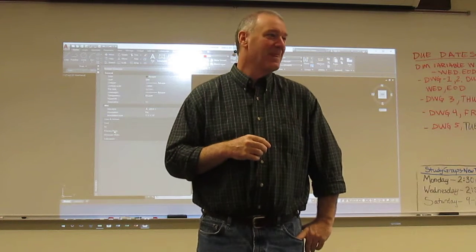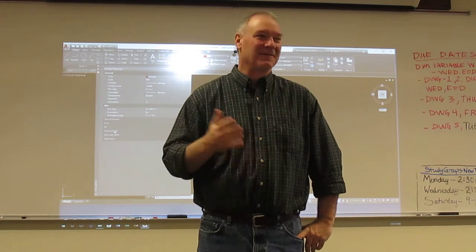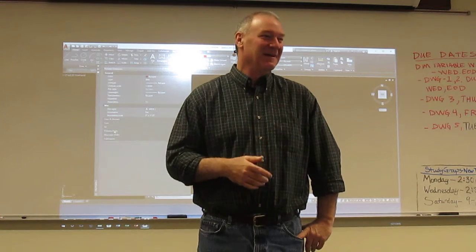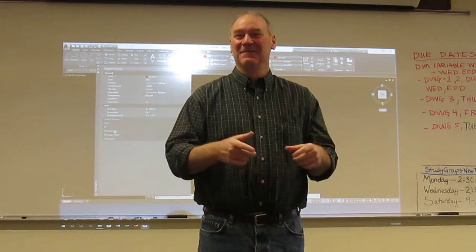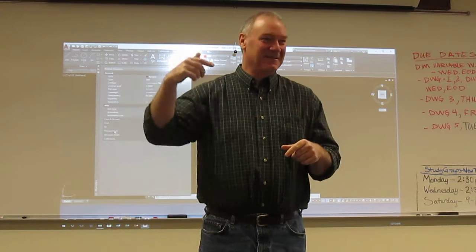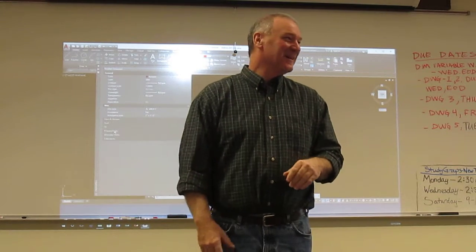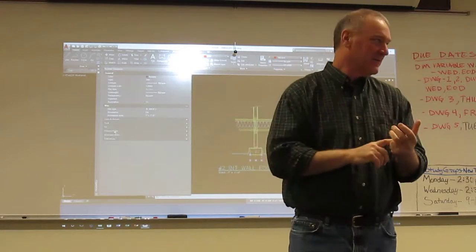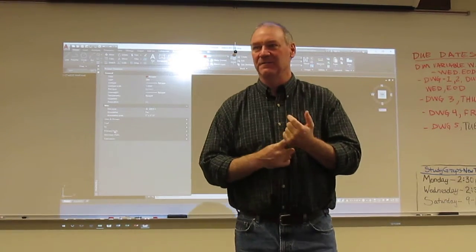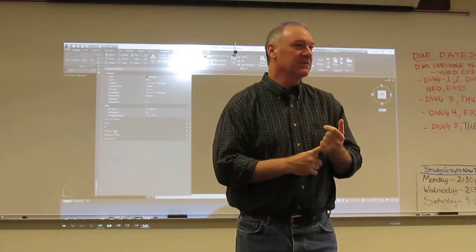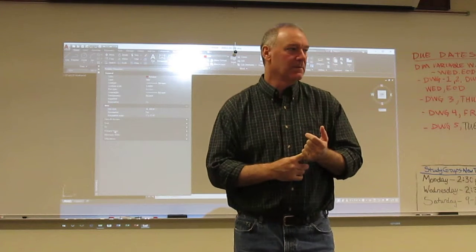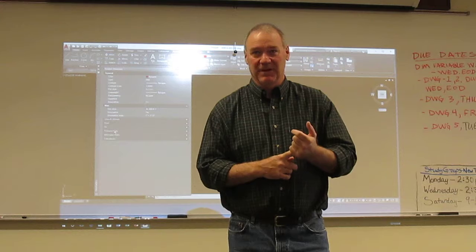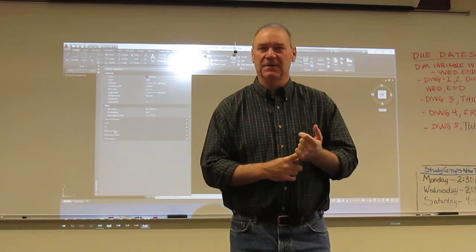ASME, American Society of Mechanical Engineers. They interject something, and then 2 years later, you see ANSI adopted. Civil, structural, electrical, all these others, they just follow along and use those. That's why I teach it in mechanical. If you can dimension mechanical, you can dimension anything.